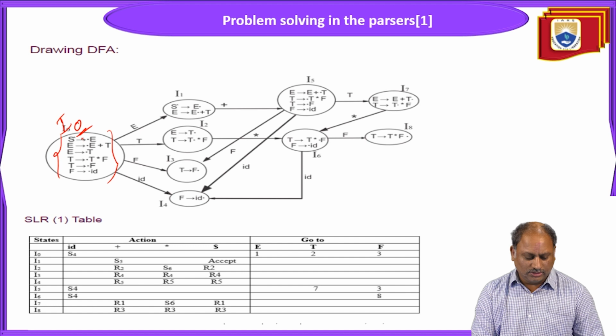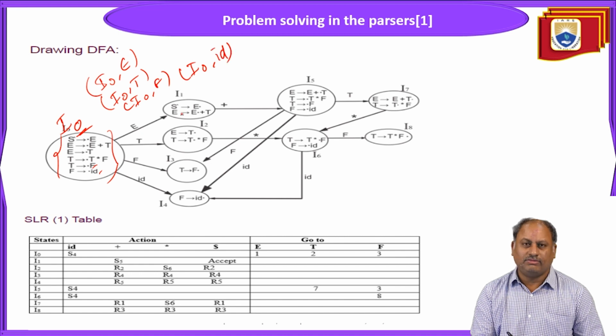Now in this state I0, what is the closure of items that can be found? Here we can find I0 comma E, I0 comma capital T, that is one closure of items, and F and d: I0 comma capital F and I0 comma small d, so id, identifier.